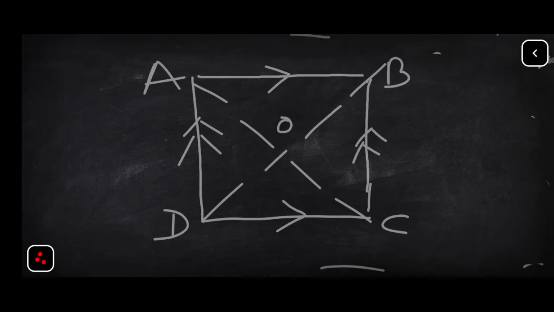They all are equal as we know, and the diagonals AC and DB are intersecting at O and they are bisecting each other. So that means AO is equal to OC and DO is equal to OB, and the diagonals are of equal length. AC is equal to DB. So these are the properties of a square, which comes under parallelogram.